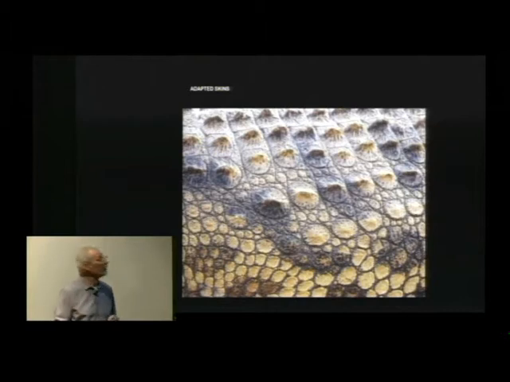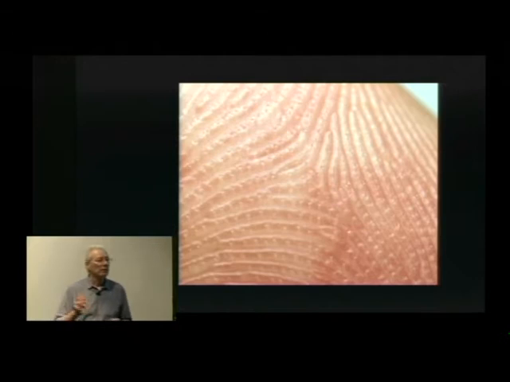Skins are also adapted. This guy, of course, is heavily armored. Part of that is just protection. It also has to be waterproof, a lot more waterproof than you and I. And it also has to have a degree of thermal insulation, and it has to be able to adapt that. Our skin, of course, is quite different.